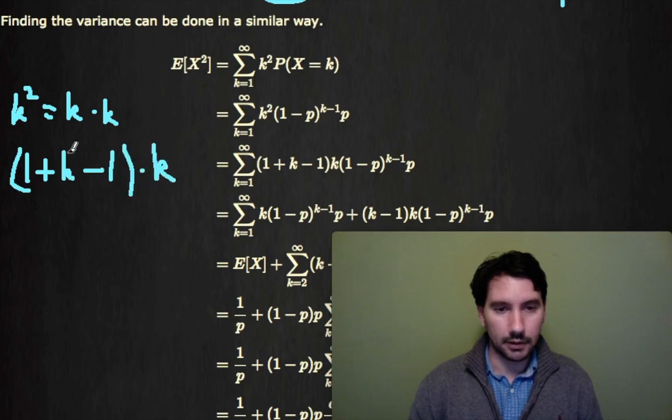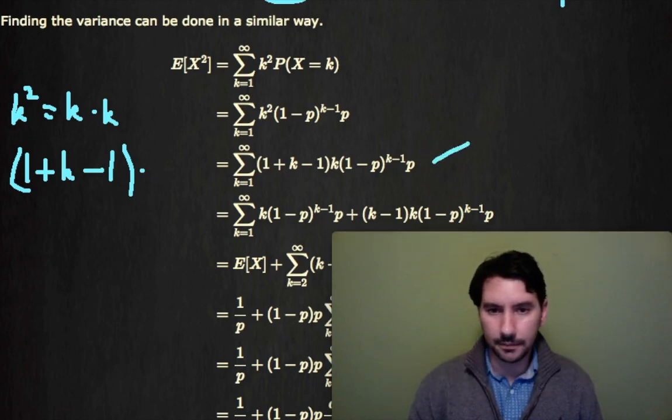It's kind of a funny rewrite because the negative 1 and the 1 cancel, but we're going to write it that way. So 1 plus (k minus 1), times k, is the same thing as k squared.